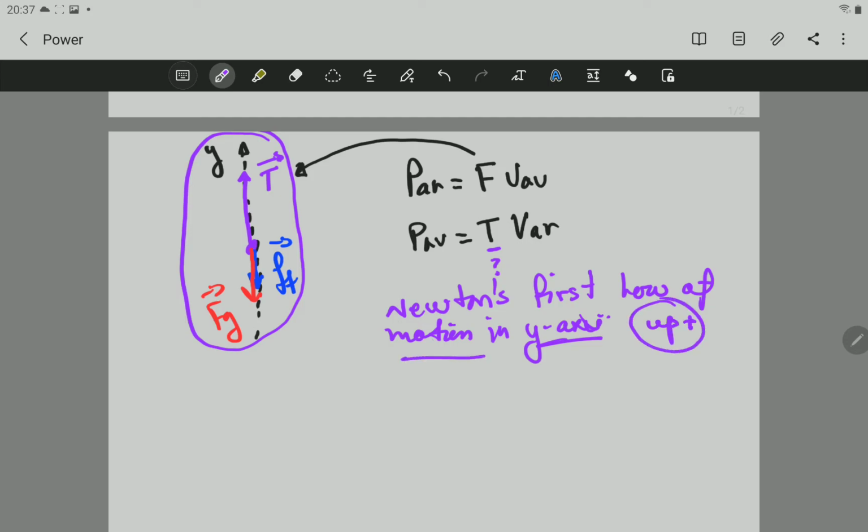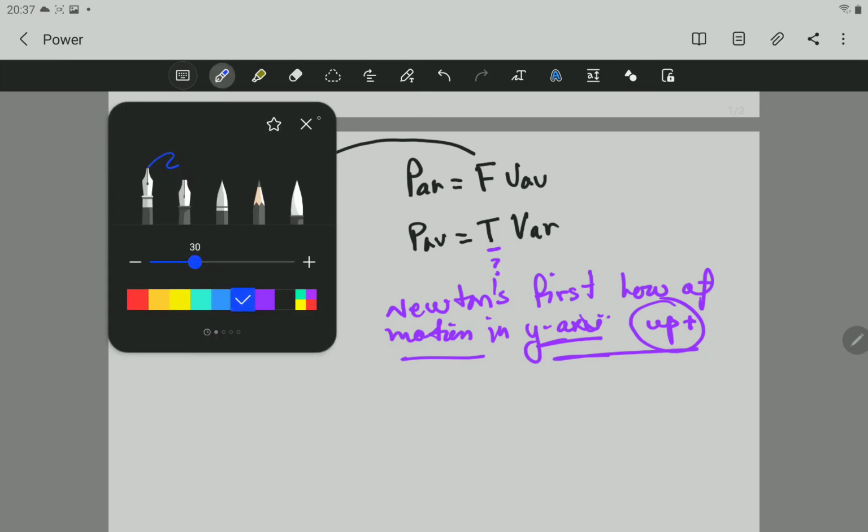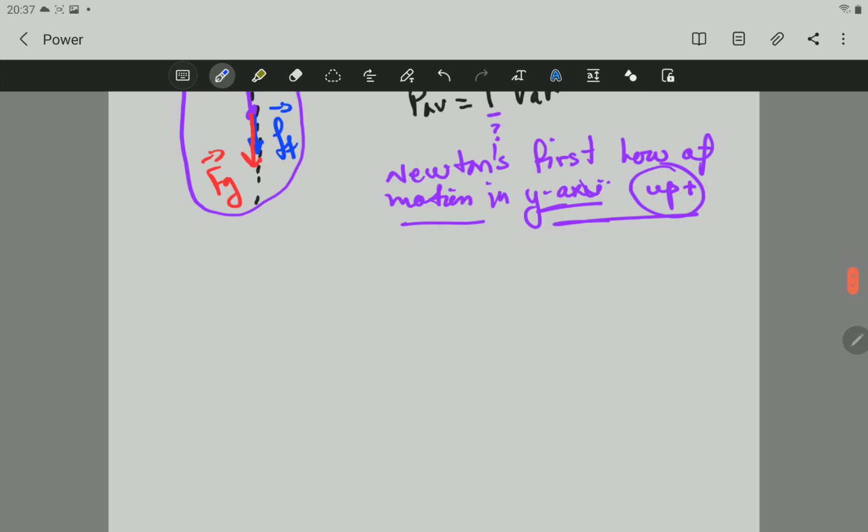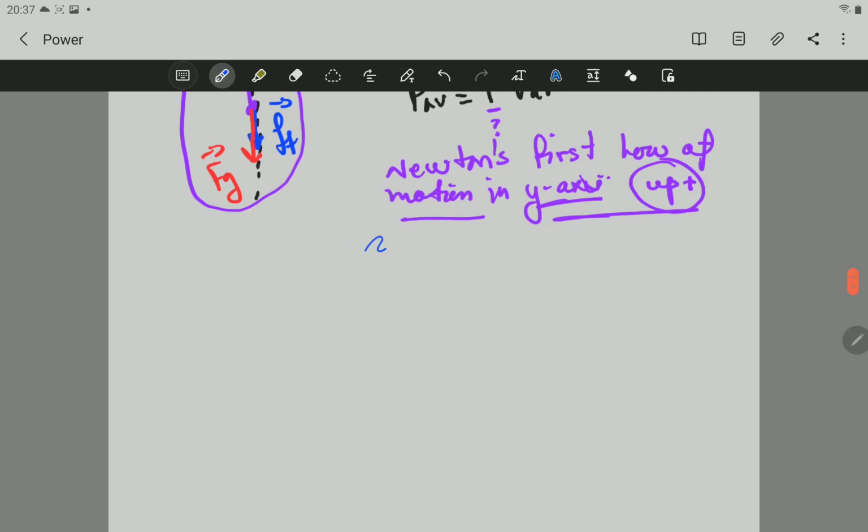All right, so we're going to be applying Newton's first law in the y-axis. Up is going to be positive. All right, so let's start by writing Newton's first law. Remember, Newton's first law states that the net force is going to be equal to 0. The system is at equilibrium. That is what Newton's first law states.